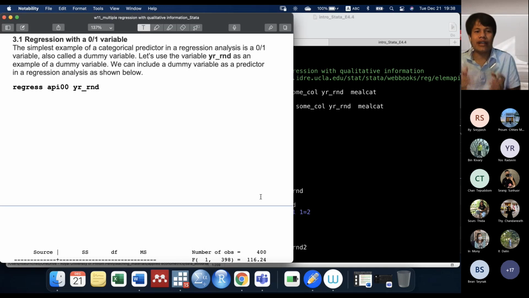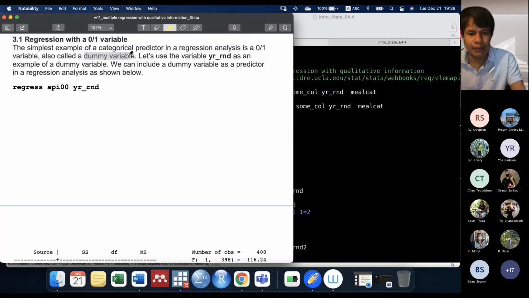All right. So now let's start with regression with a dummy variable. All right. Regression analysis with a dummy variable. The simplest example of a categorical predictor in regression analysis is a 0-1 variable, or called a dummy variable, right?